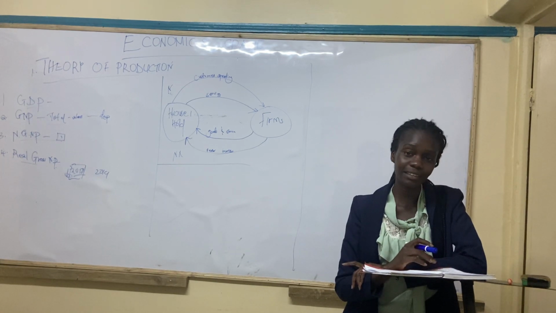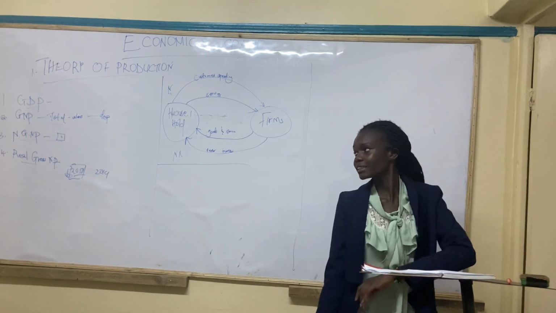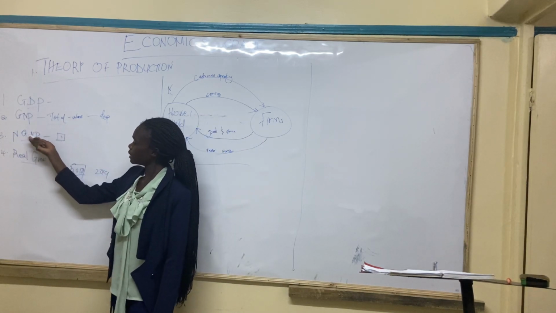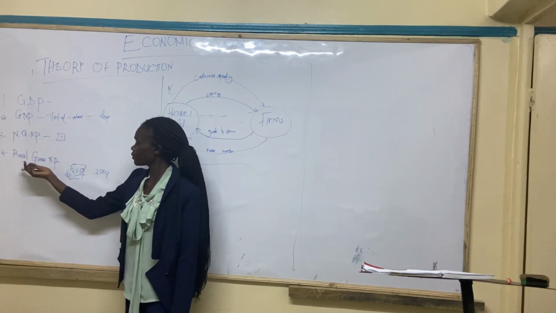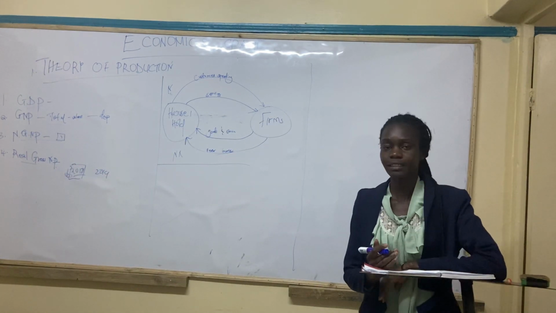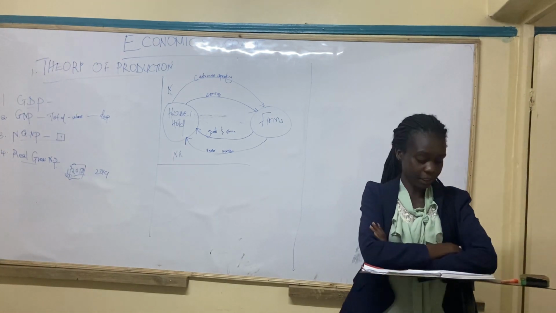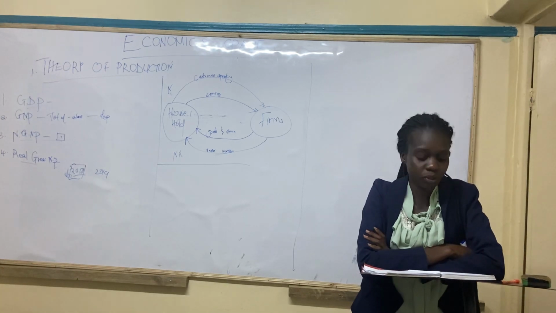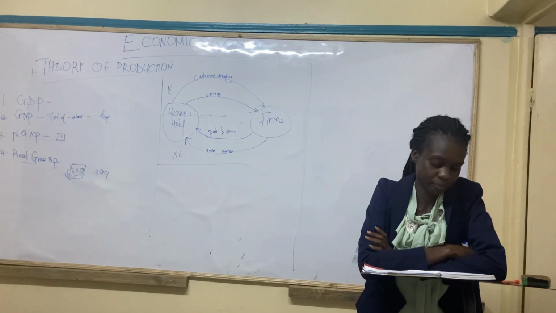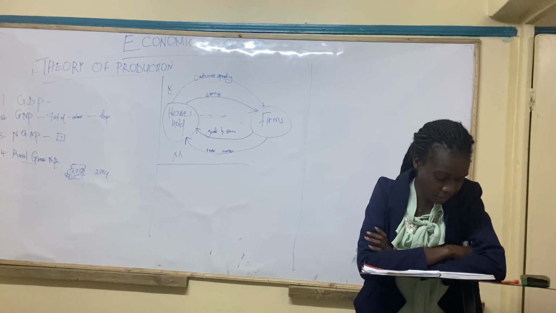So there are factors affecting the size of national income: the size of GDP, the size of GNP, the size of real gross national product. The first factor is natural resources, which includes land and other factors of production, maybe raw materials.